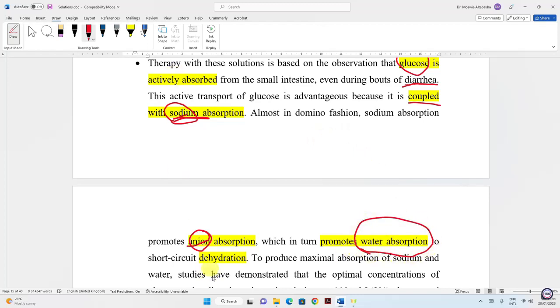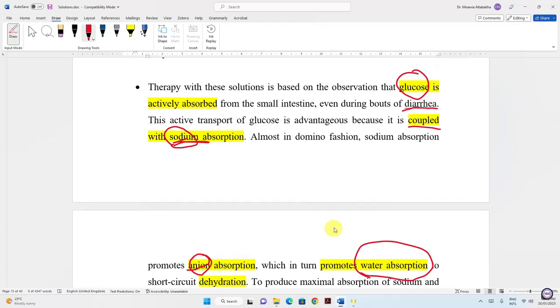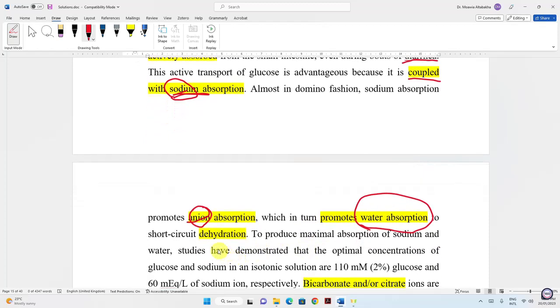You cannot have sodium chloride getting absorbed without water being absorbed. So in this case, glucose, sodium, a cation, and an anion, which can be chloride, citrate, or bicarbonate, will be absorbed, and because of that, water is going to be absorbed, and this will circumvent or short circuit dehydration.